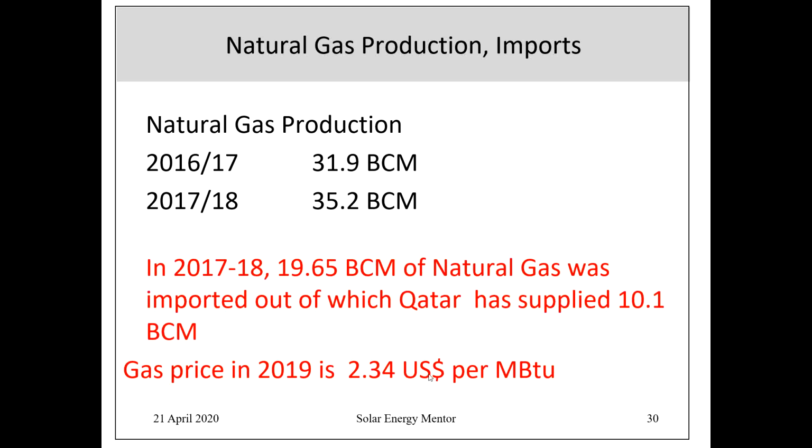So in 2017-18, out of 35.2, 19.65 billion cubic meters of natural gas was imported, out of which Qatar supplied the major quantity, that is 10.1 billion cubic meters. Just for the sake of understanding, gas price in 2019 was $2.34 per million British thermal units.